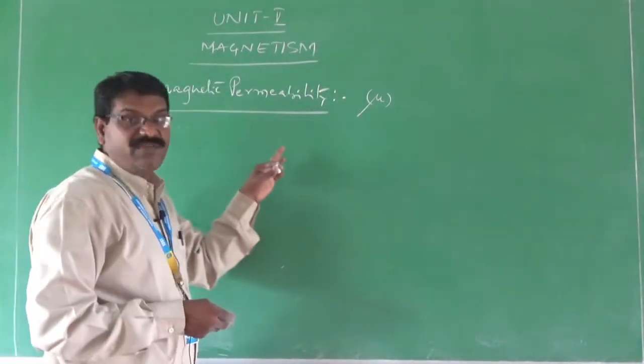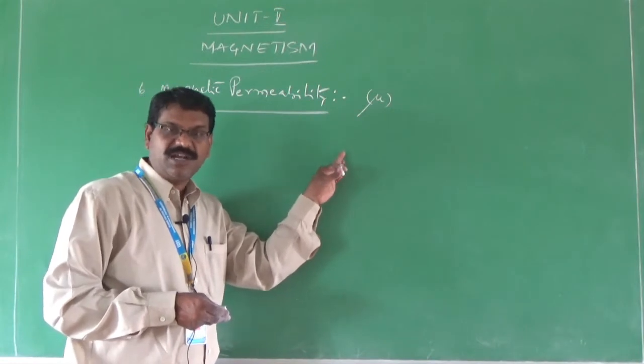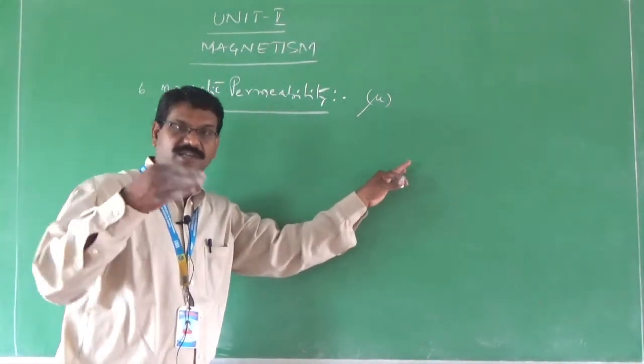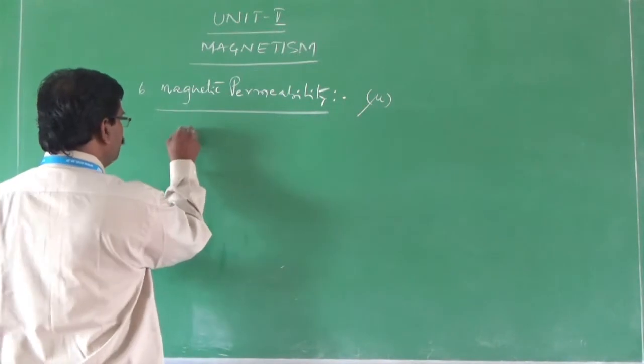The relationship between magnetic field strength and magnetic field density was represented in free space. We could represent it like this.